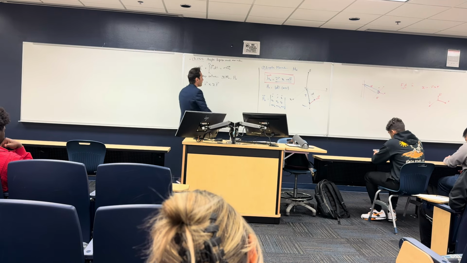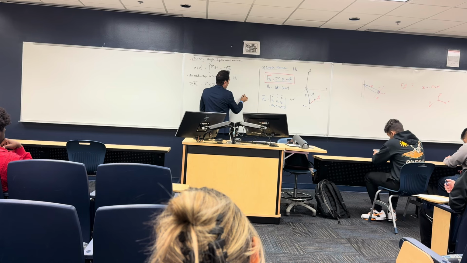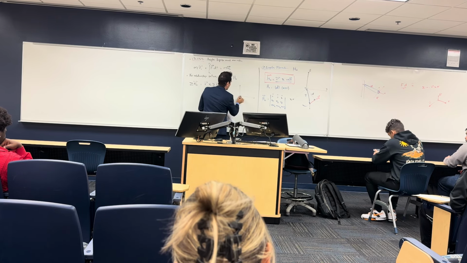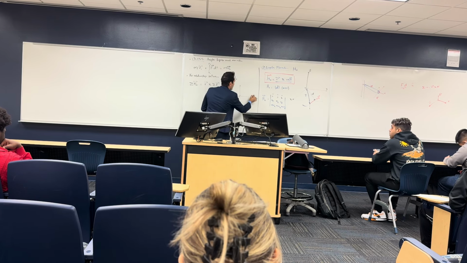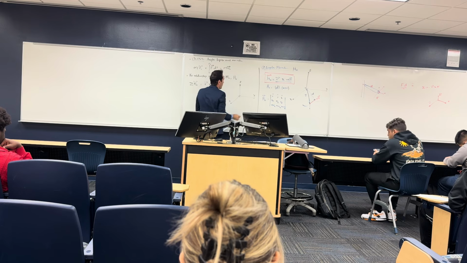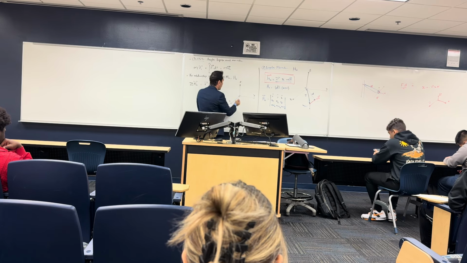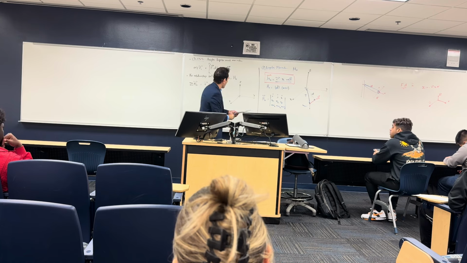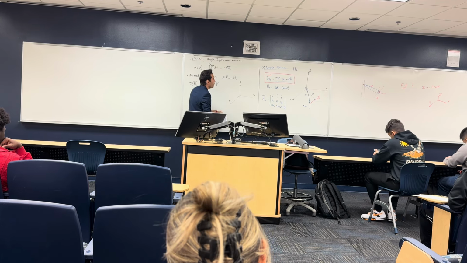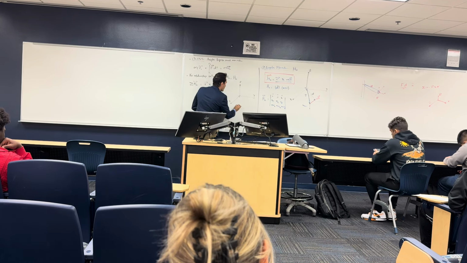So for example, if I have my x, y, z axes, this is x, this is y, this is z, and let's do something like the one that we have here.